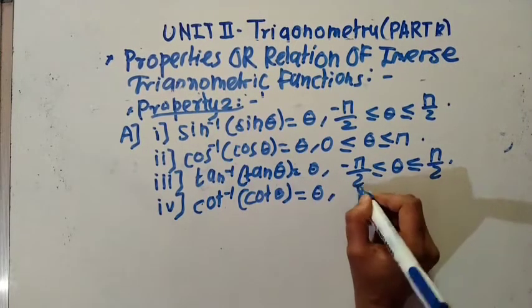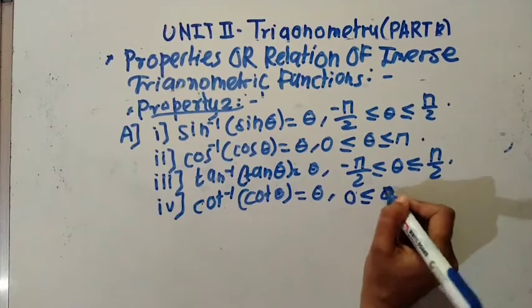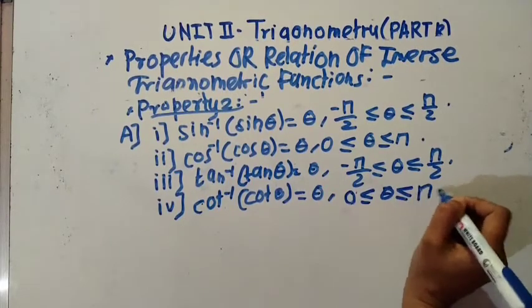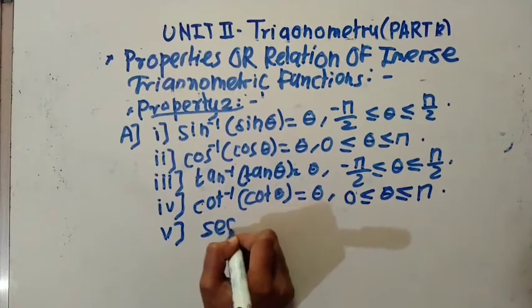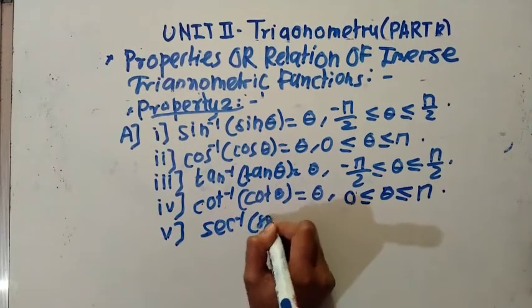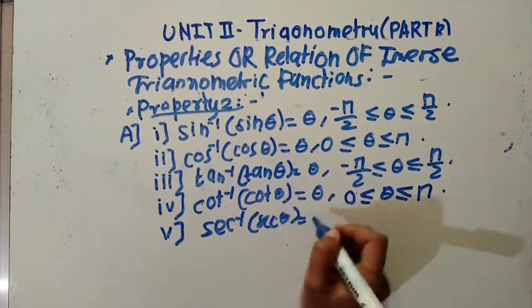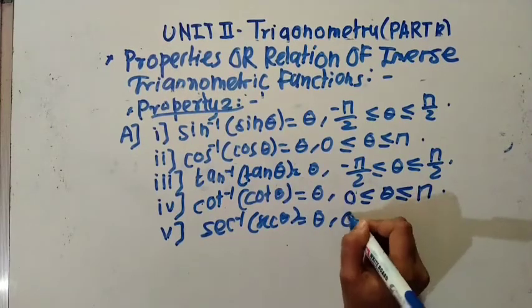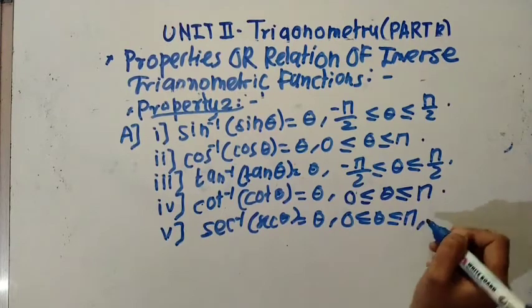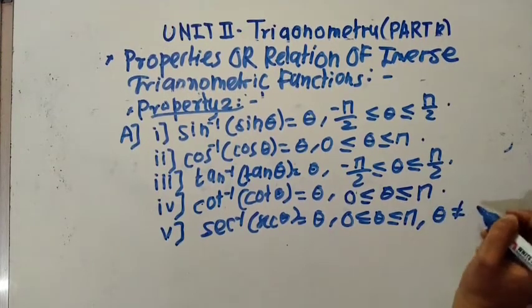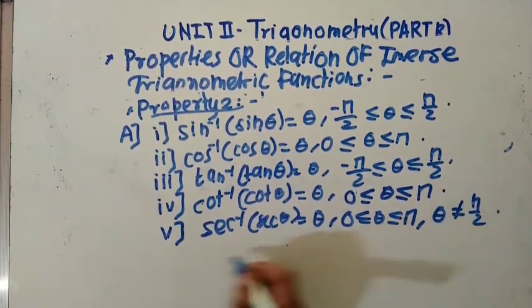where 0 less than or equal to theta less than or equal to pi. And next property, sec inverse of sec theta is equal to theta, where 0 less than or equal to theta less than or equal to pi and theta not equal to pi by 2.